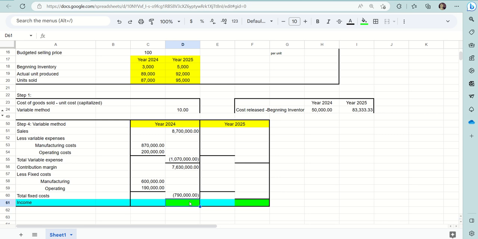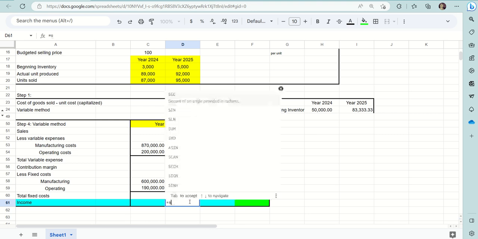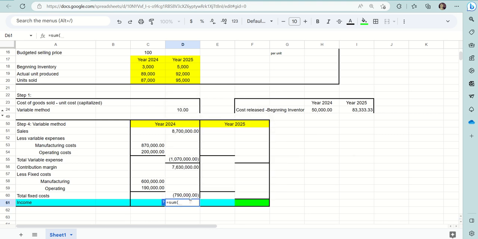So now we're going to subtract the total fixed costs from the contribution margin, and we're going to do a bottom-up approach right there. So this is our 2024 income, which is the highlighted green cell.